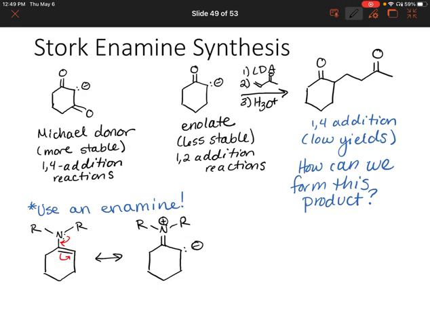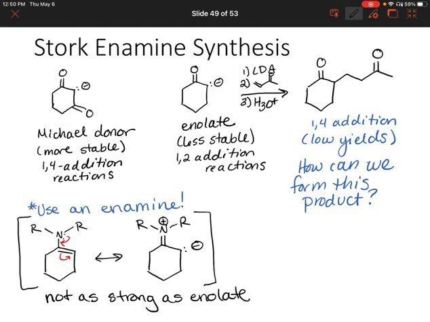Now, that negative charge is not as strong as the negative charge on an enolate. So let's write, not as strong as enolate. So this can act as a Michael donor, which means we can do 1,4 addition reactions.